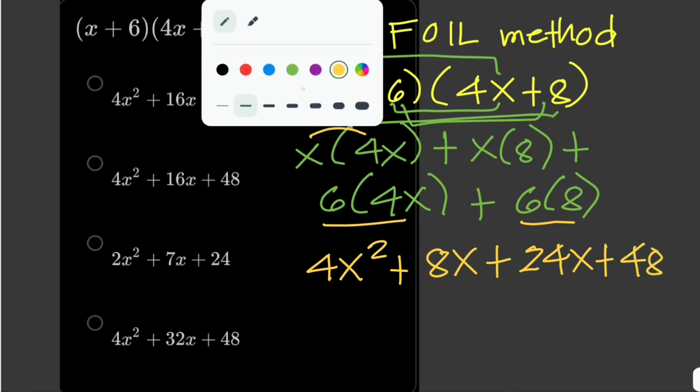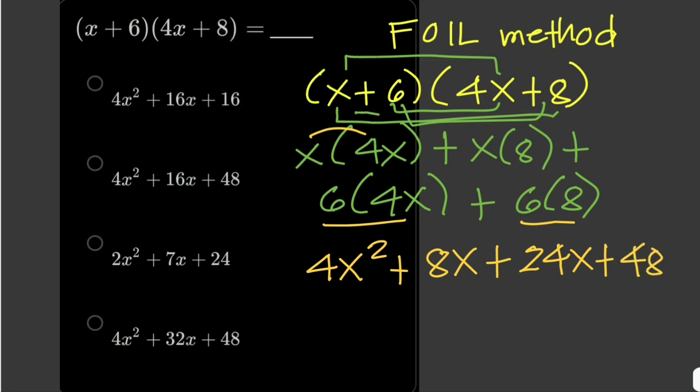Now we group like terms to simplify this. So we only have 8x and 24x alike, so we can add up 8x and 24x. All we have to do is copy 4x squared and 48.